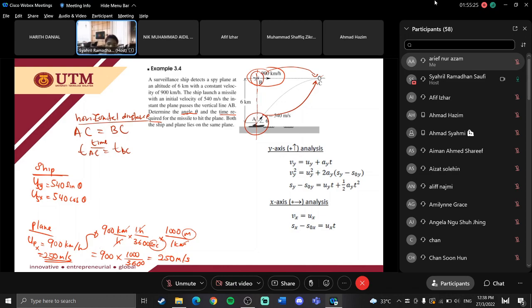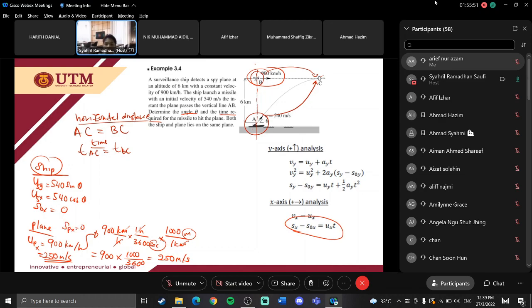Since we know that the horizontal distance is the same, we will use this equation with s_x and s naught x. For the ship, s naught x is equal to 0 because it's on the reference point. So s naught px is also 0, because it lies on the same line.